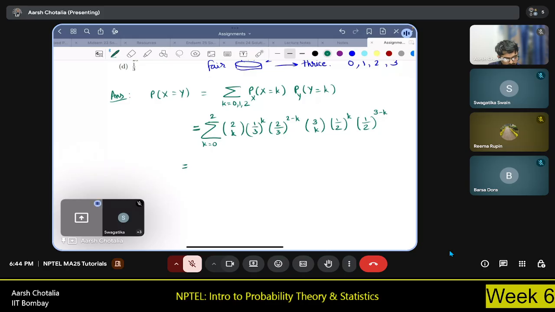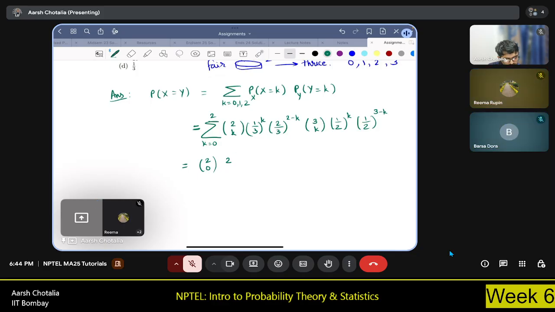So when k is equal to 0, I have to just expand. We can't do much here. This becomes 2c0 into 2 raised to 0, which means 2 raised to 2 divided by 3 raised to 2, and then 3c0 into 1 by 2 cube.